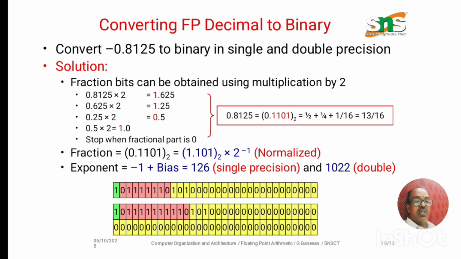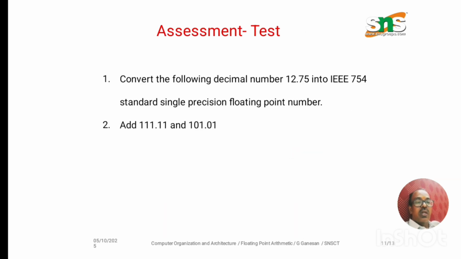A single precision floating point number has 32 bits. Double precision floating point numbers have 64 bits. Some homework is given here. Convert the decimal number 12.75 into IEEE 754 standard single precision floating point.